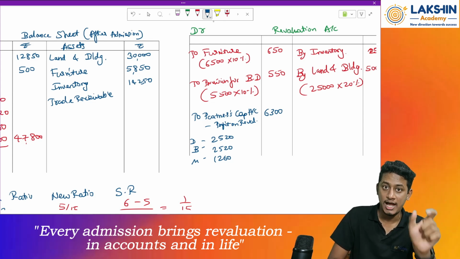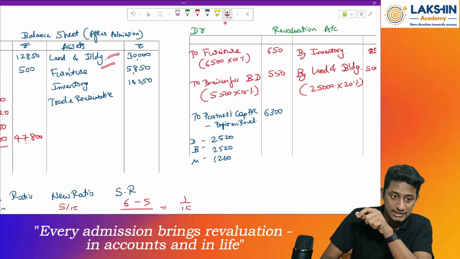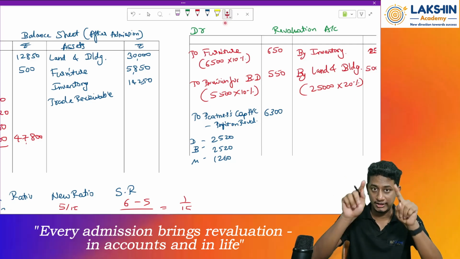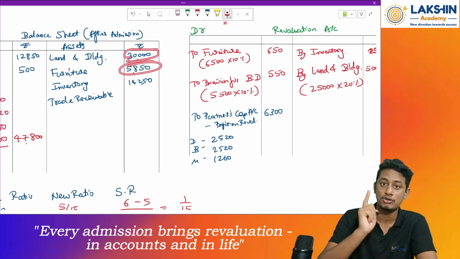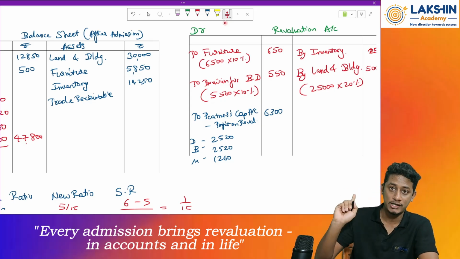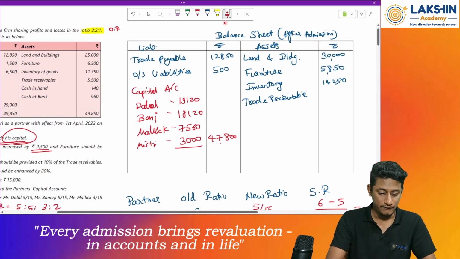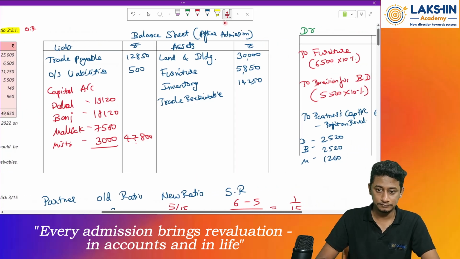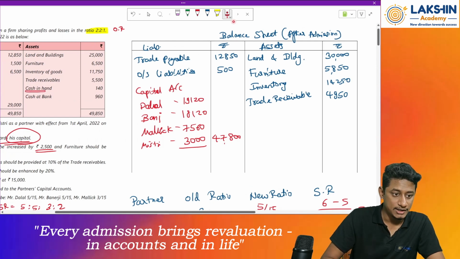Please write a small working note in the brackets: this amount minus this amount, and I have got this amount. Please do not write the amount directly. I am writing it here just to save some time. So the amount would be 5,500 minus 550, that is 4,950.